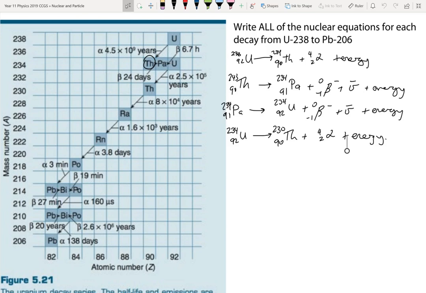What they didn't know was that it was literally spitting out bits of energy and transmutating into different elements. So this was a really nasty puzzle that confused scientists for decades until somebody was able to explain what was going on.